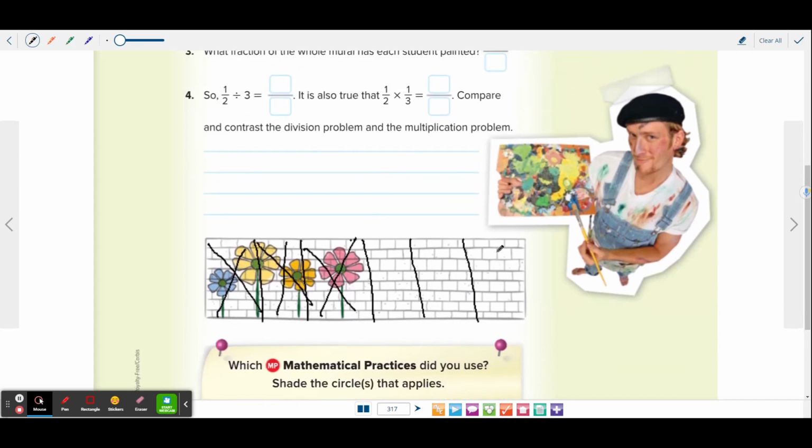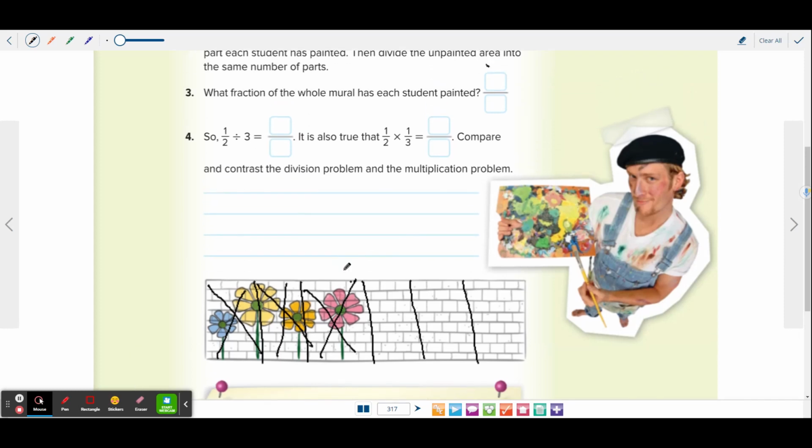The whole mural would be 1, 2, 3, 4, 5, 6. 6 would be the whole thing, right? But they've painted 3 sixths. So they've painted 3/6. Oh, each student then painted 1/6 because the 3/6 is the whole thing that's painted. Each student then would have painted 1/6.